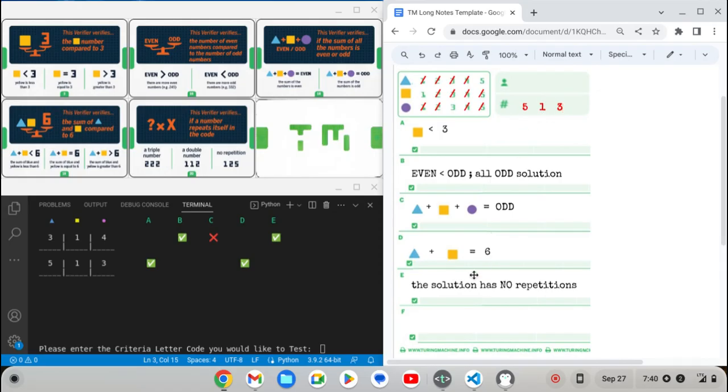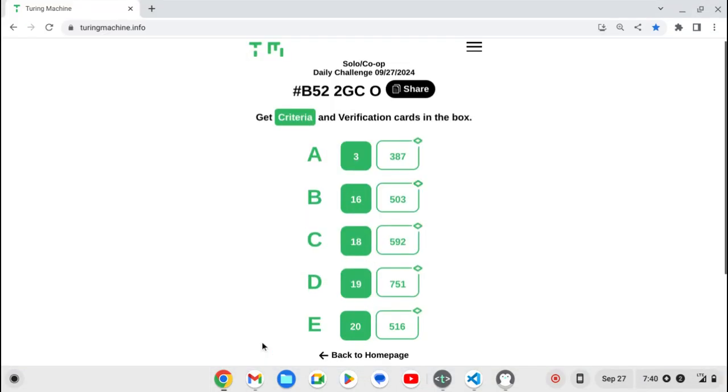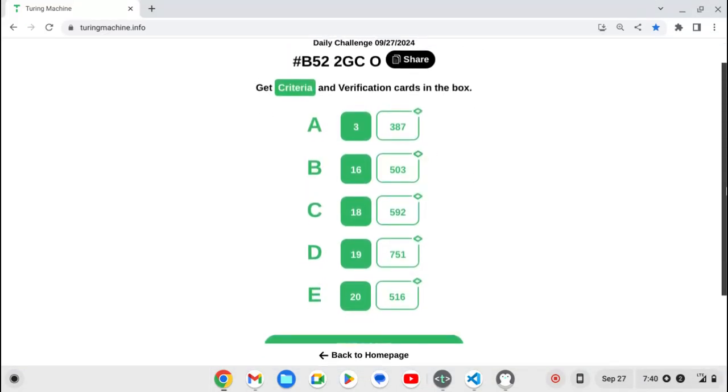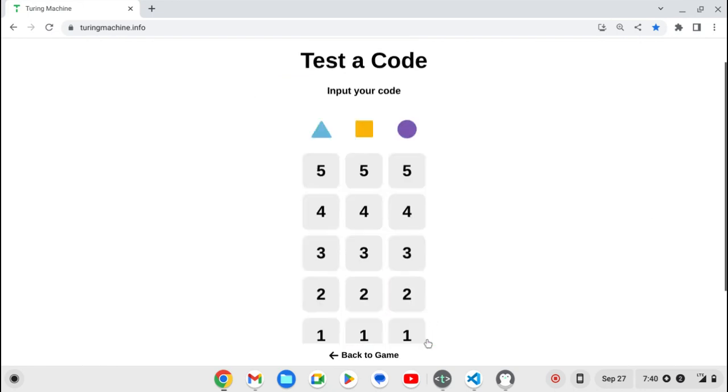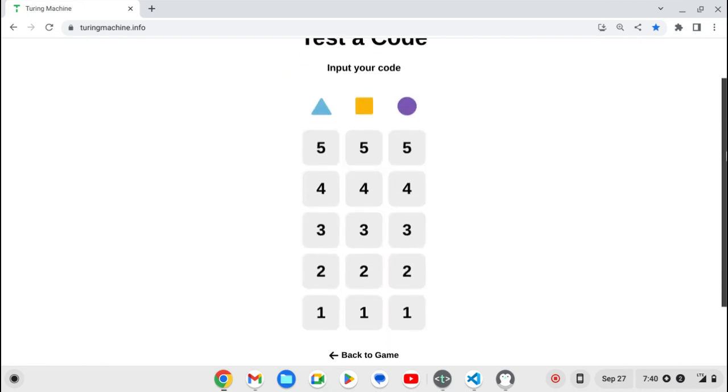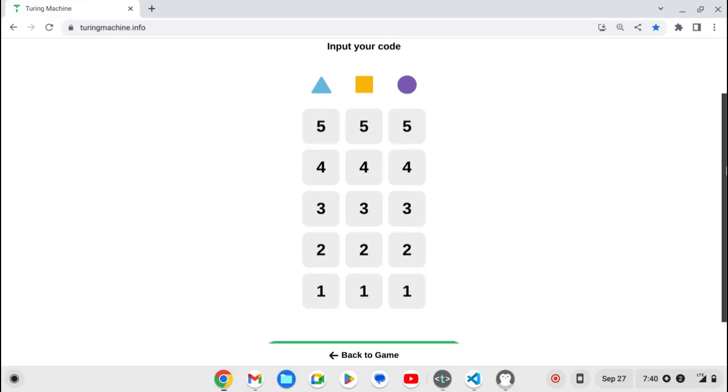And there are no repetitions. So yeah, absolutely, it does look like that is our solution. But let's go verify. And so our solution was 513.